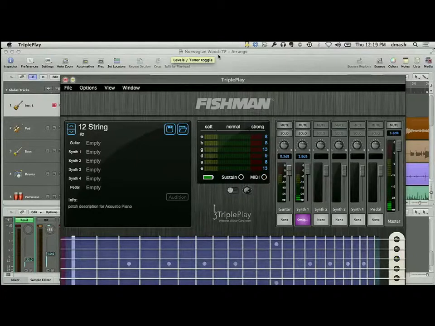So you can see on the fingerboard even the notes that I'm playing, because it's basically translating them into a language that the computer can understand and playing it.